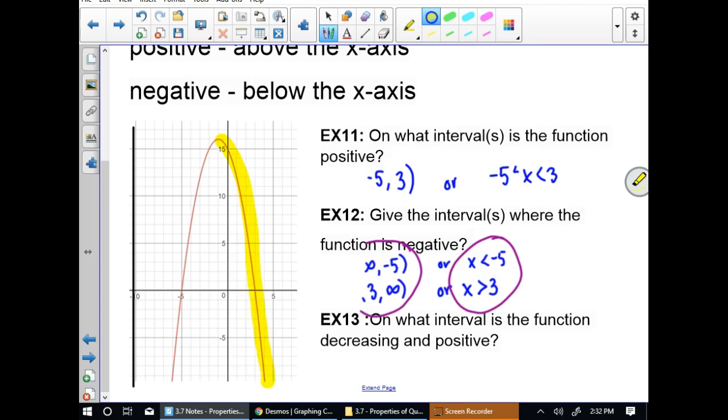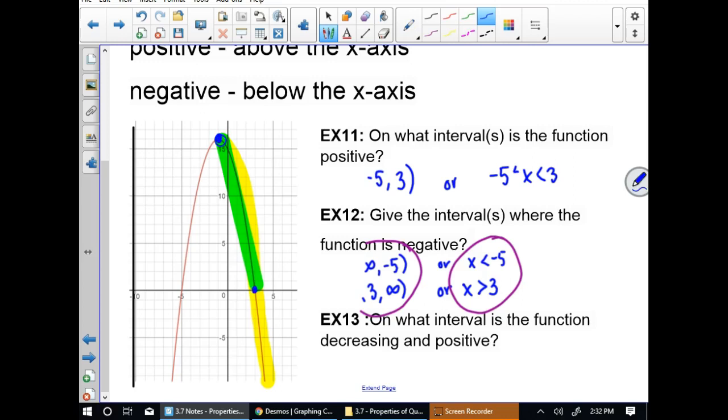On that right hand side, once we get past the vertex, our function is decreasing there. However, it is only positive on that section right here. Right here it's going to hit the x-axis, and here we're decreasing in negative. So we are looking from this point down to this point.